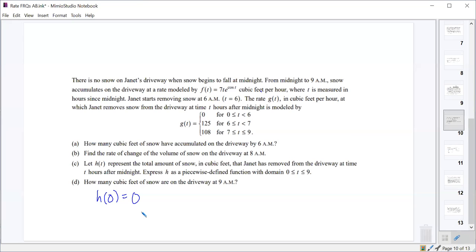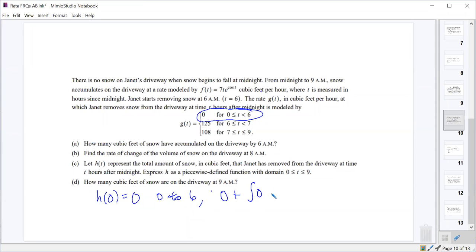And so we then have an amount that she removes per hour from t equals 0 to t equals 6. So we're going to say from 0 to 6, the amount that has been removed ought to be the amount that was already removed, which is 0, plus the integral of the rate at which she is removing it.